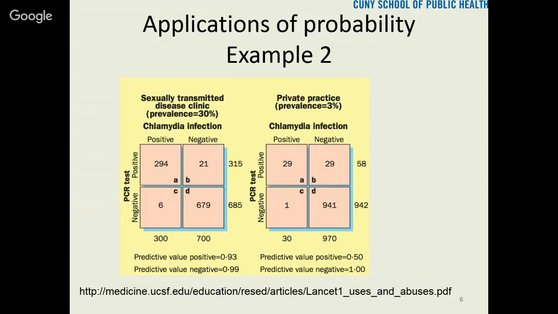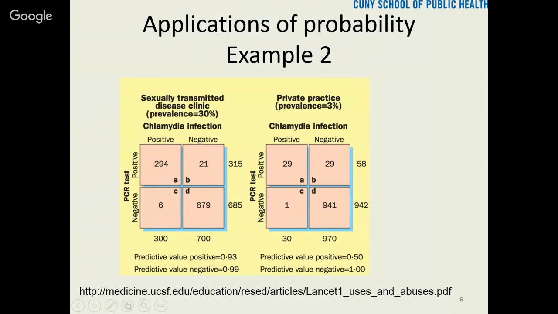But the positive predictive value is different. So for the positive predictive value, we're looking at rows. We're looking at the people who tested positive. How many of them are actually positive? So it's 294 out of 315 in the STI clinic and 29 out of 58 in the private practice.